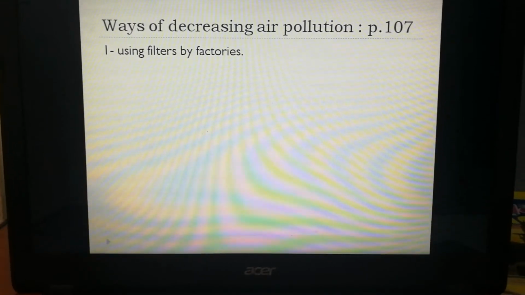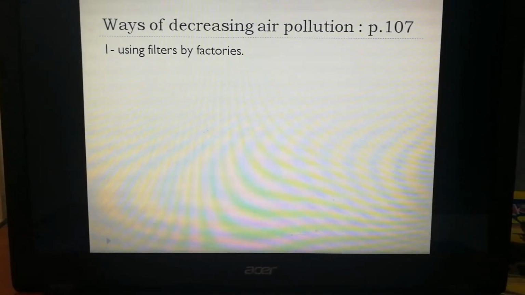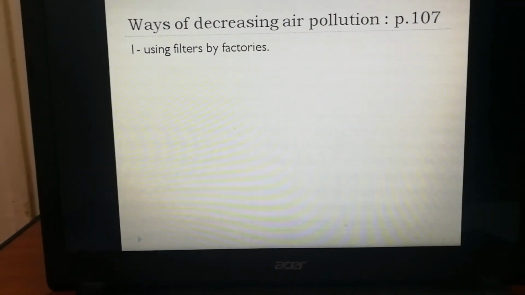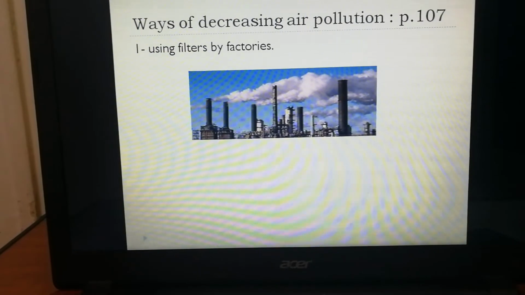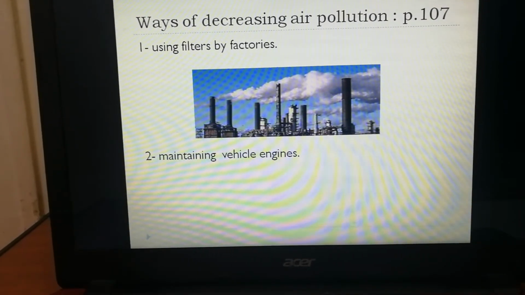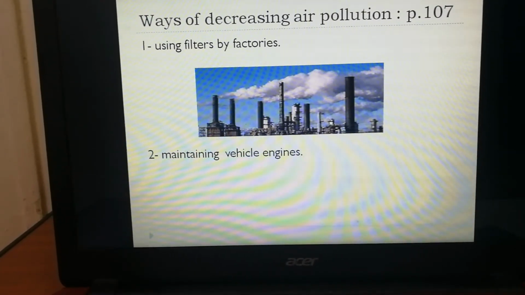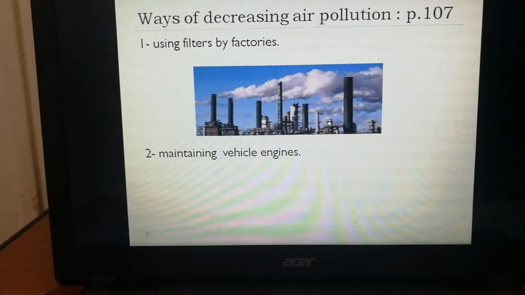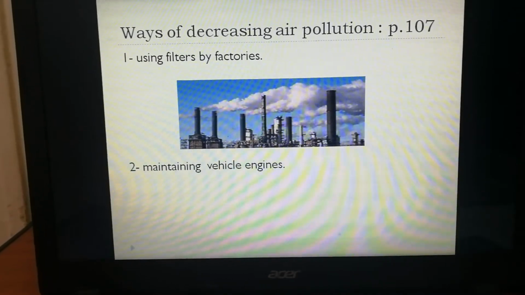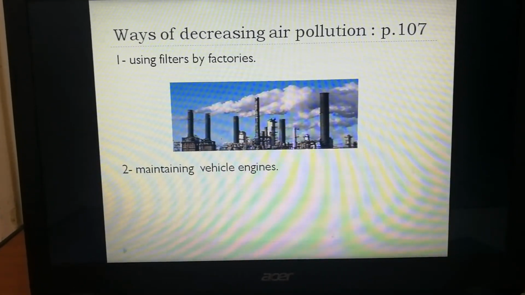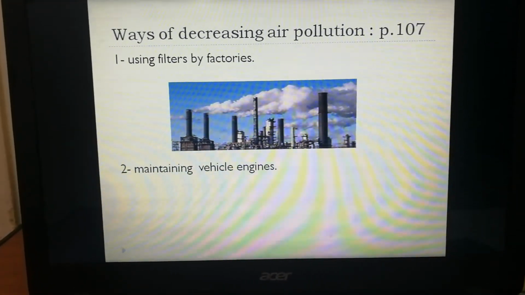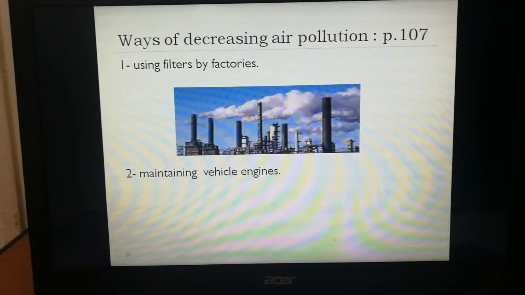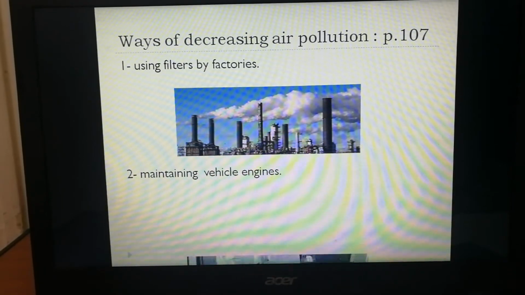They can use filters to lessen the harmful gases sent out into the air by these factories. Also, maintaining vehicle engines. People who have cars should maintain their vehicle engines, so it will reduce the smoke that is sent out of these cars into the air.